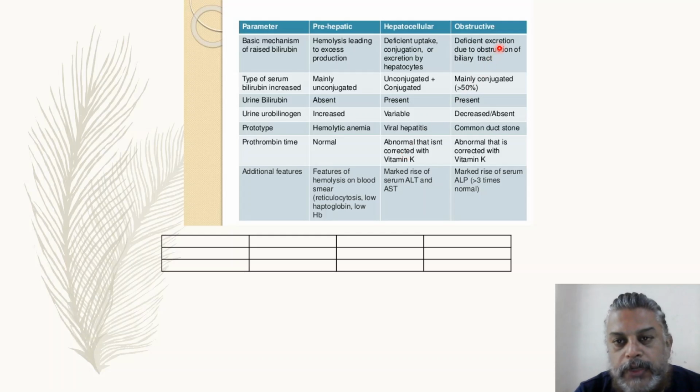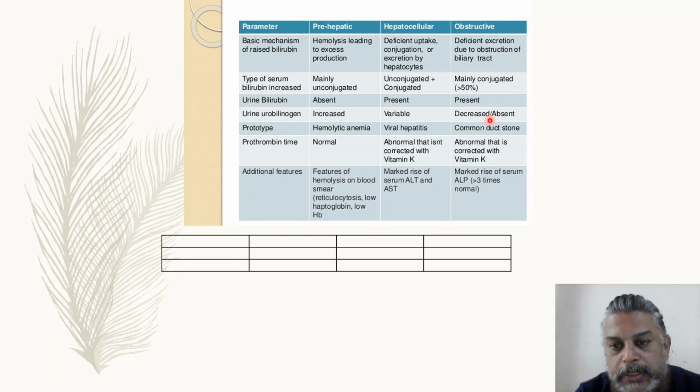In obstructive jaundice, the mechanism is deficient excretion due to obstruction of the biliary tract. Here conjugated bilirubin is more, and because of conjugation the bilirubin would be present in the urine, but because the bile duct is obstructed, the bile cannot enter the intestine, and hence the urobilinogen would be absent.